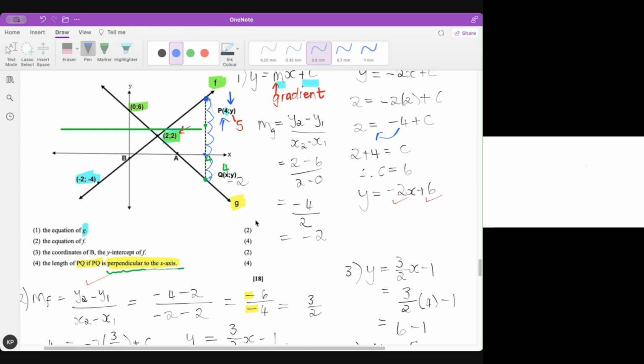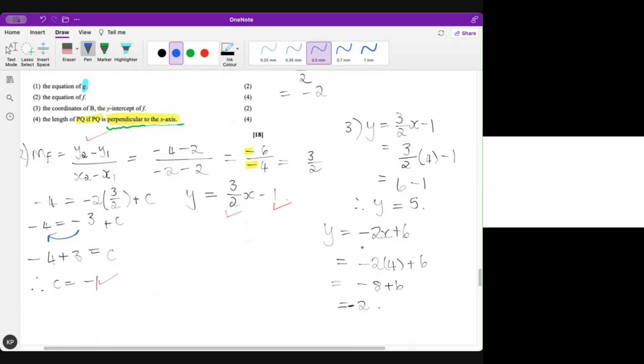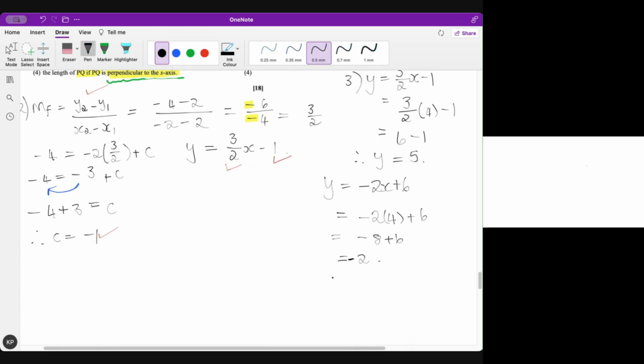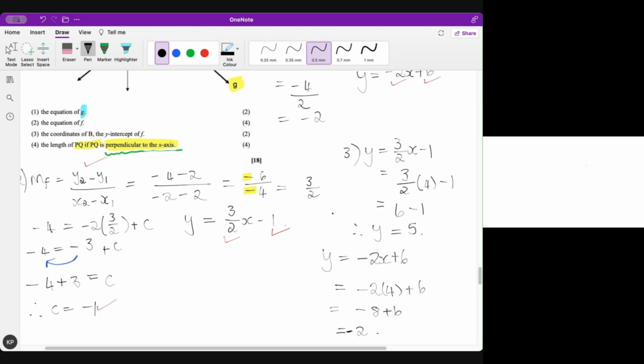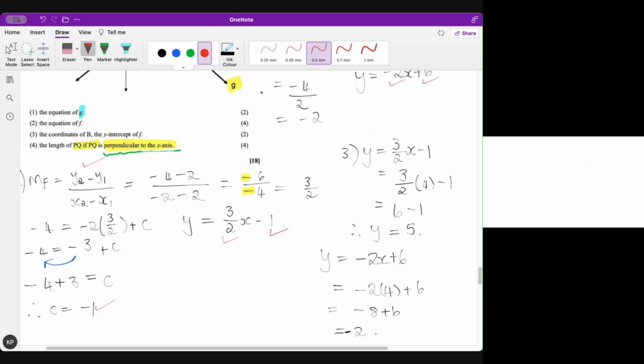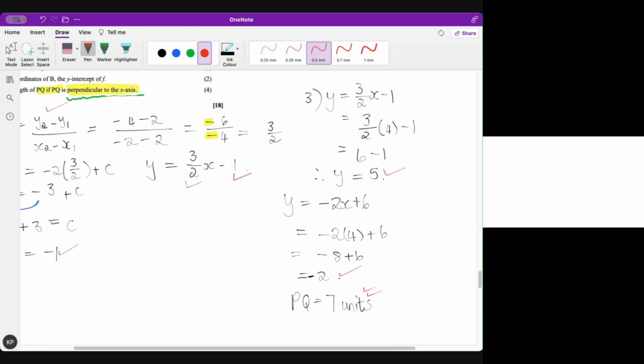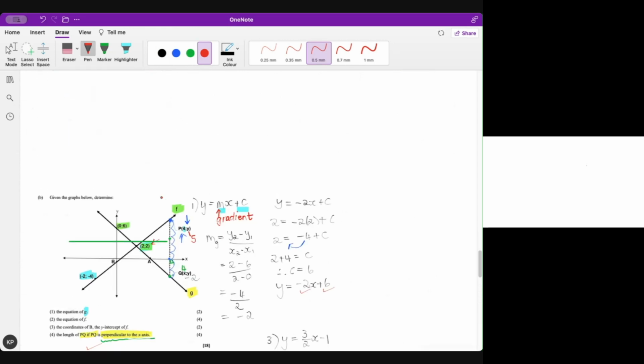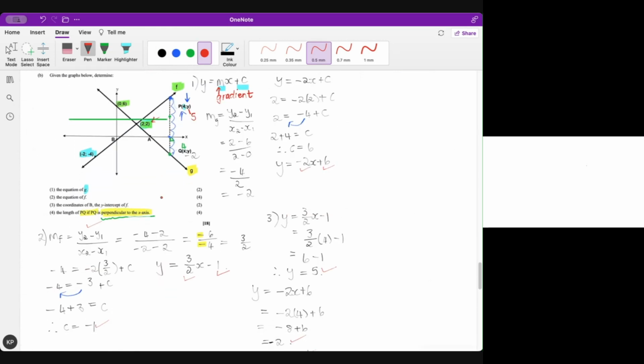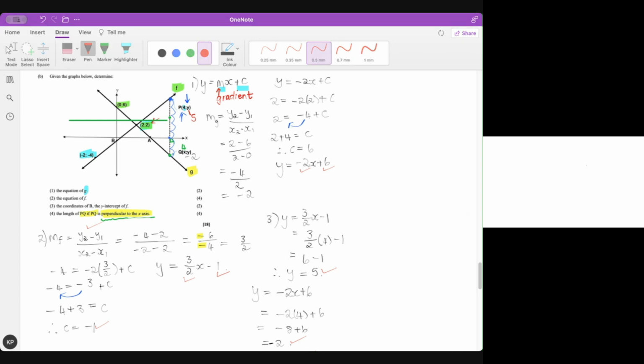PQ is 7 units. Beautiful. And this was out of 4 marks. So it's going to be for finding the correct one and there. And I would give you 2 marks for this answer because there is a way you can calculate it. I'm trying to fit all of this. There we go. Thumbs up, thumbs down on this one, lovelies.